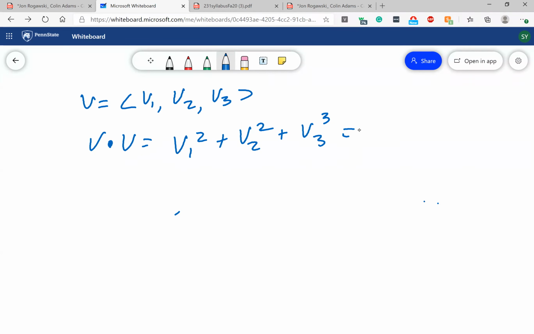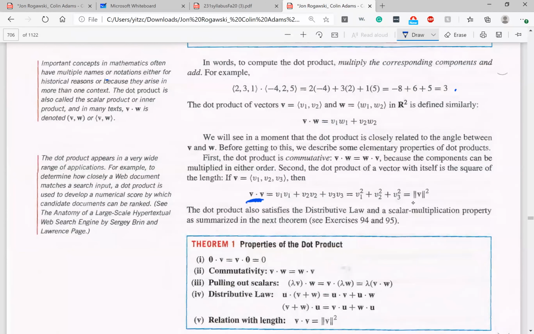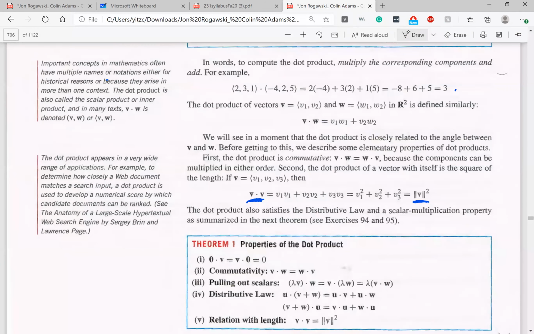And this is going to be equal to the magnitude of V squared. So V dotted with V is equal to the magnitude of V squared. And we're going to use this in a proof in a couple of minutes.